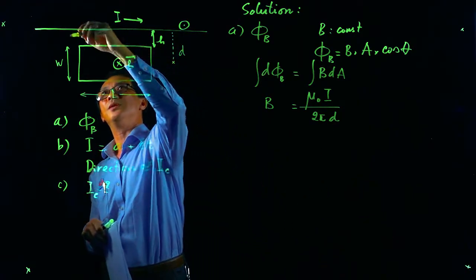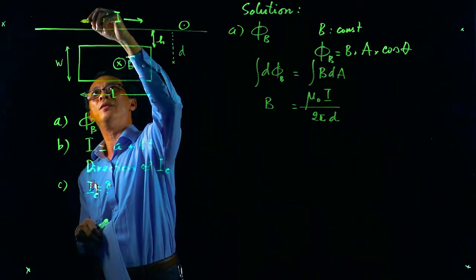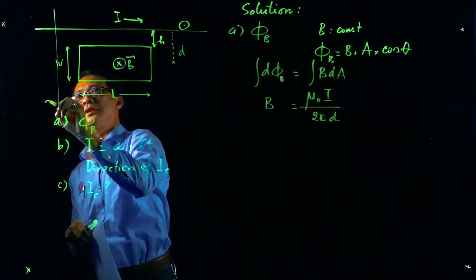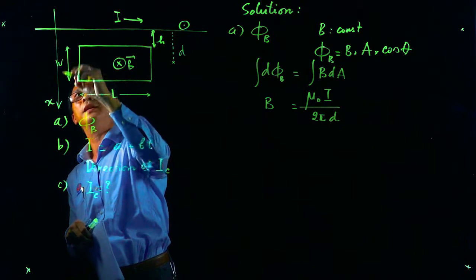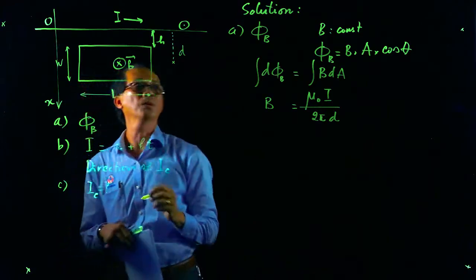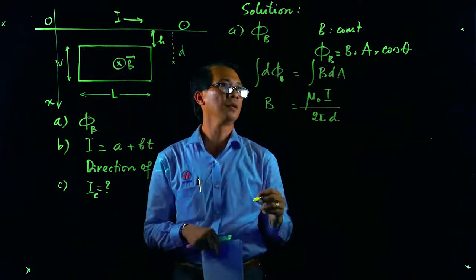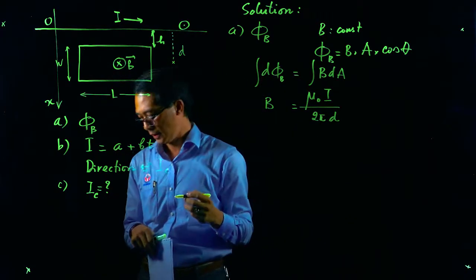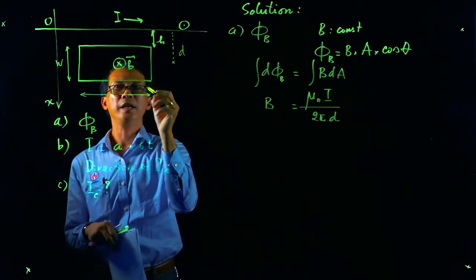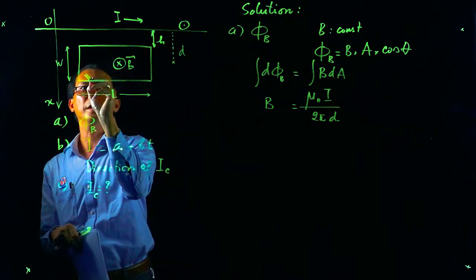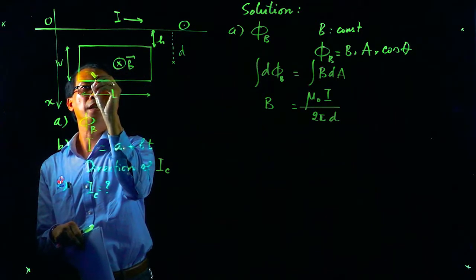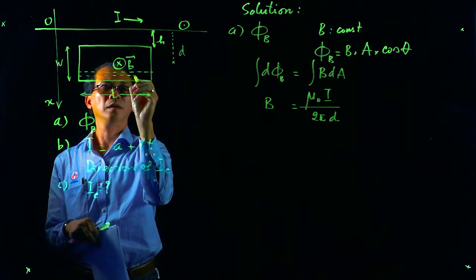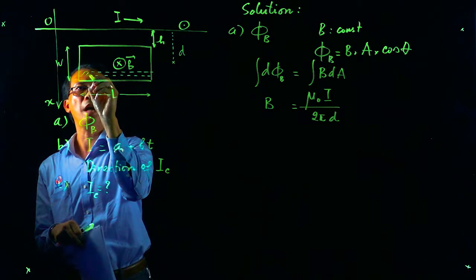So now, to make it easy to calculate that, I assign an x-axis through this. This is the vertical one, and here is the origin of the x-axis. Now, I have to determine the dA. The dA is a very tiny area, and I define the dA this way. Okay, so this is our dA.